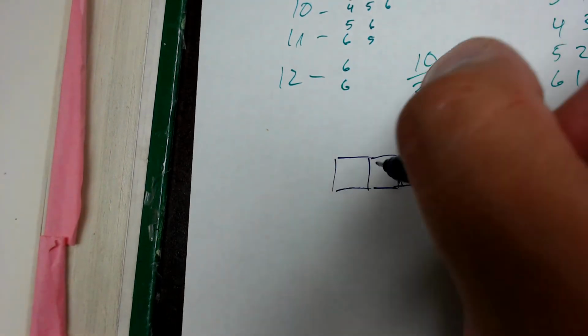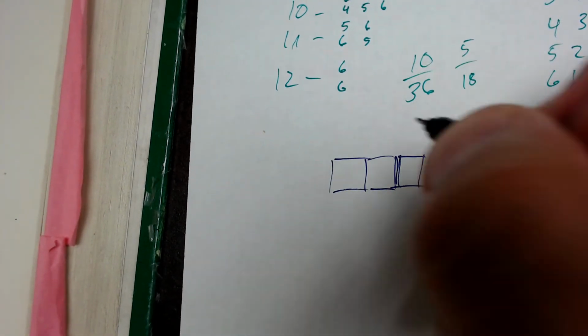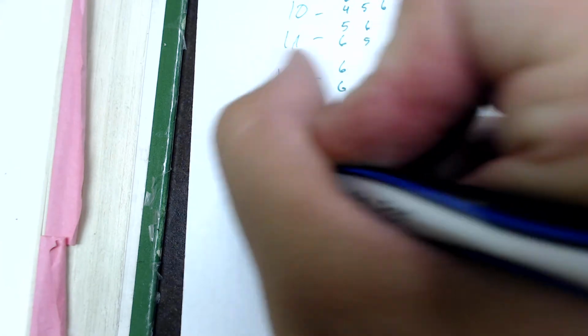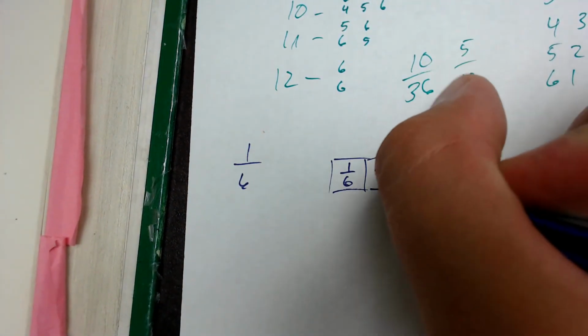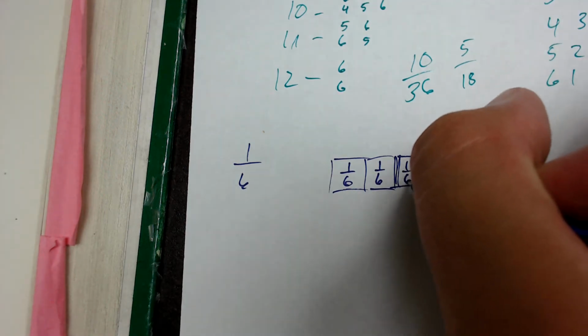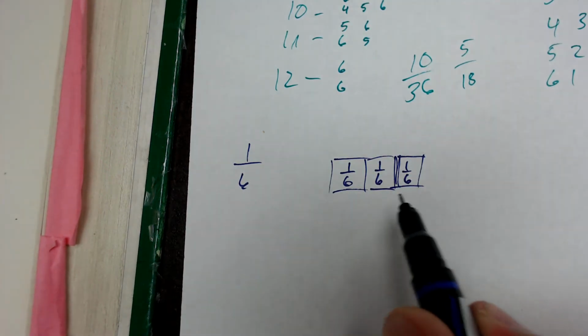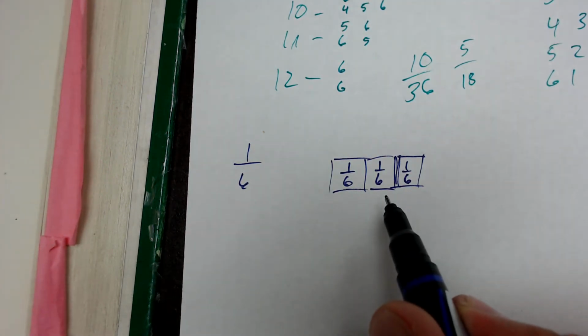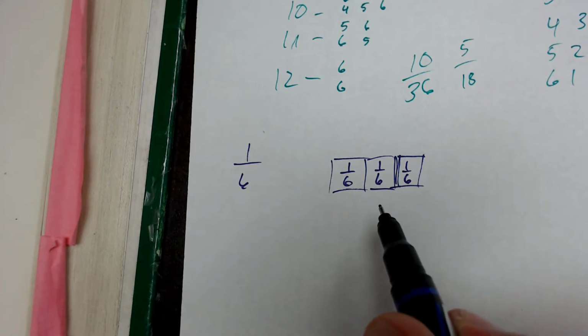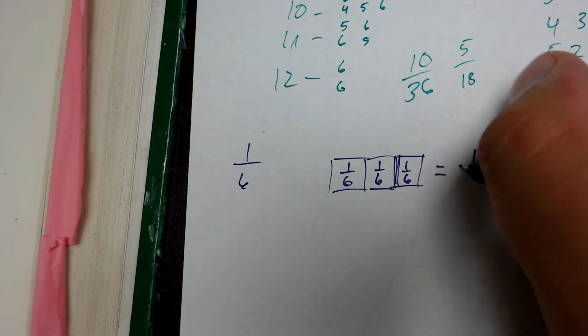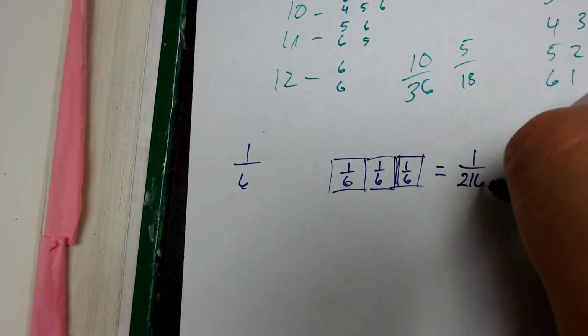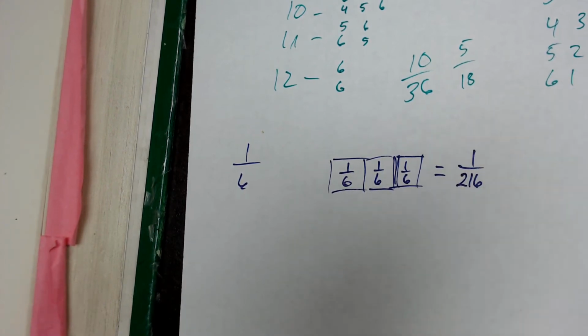And then my probability to roll the number 4 is one probable outcome out of 6 possible. So it's going to be 1/6 times 1/6 times 1/6. So what I do there is I just multiply these. 6 times 6 gives me 36. 36 times 6 is 216. So that is going to give me a probability of 1 out of 216 to get 4 every single time.